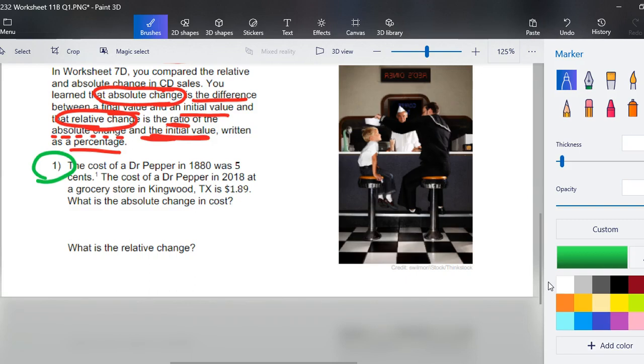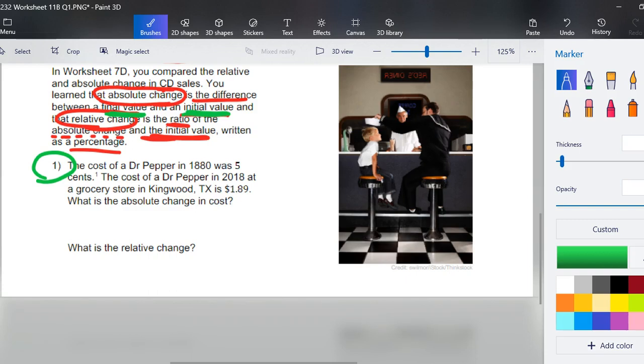Question 1 states that the cost of a Dr. Pepper in 1880 was 5 cents. The cost of a Dr. Pepper in 2018 at a grocery store in Kingwood, Texas is $1.89. What's the absolute change in the cost? This is the difference between the initial value and the final value, or the ending number and the beginning number.